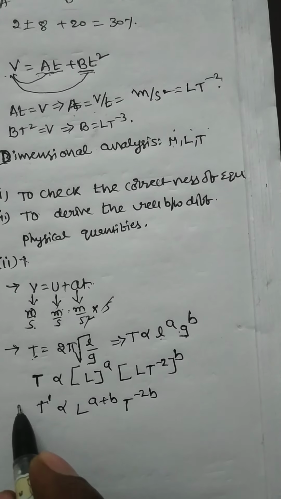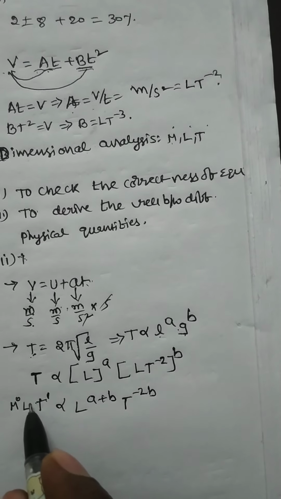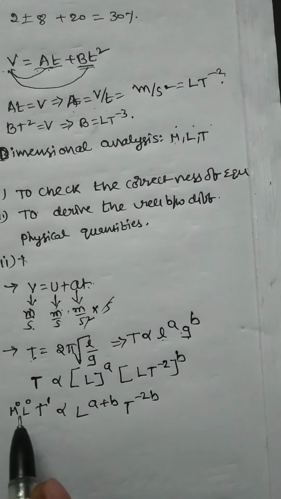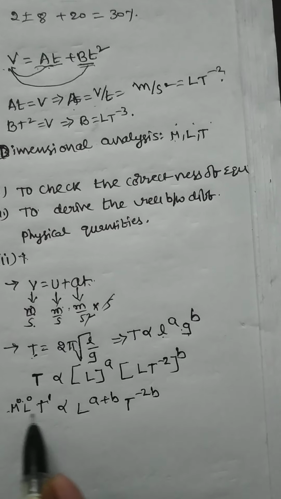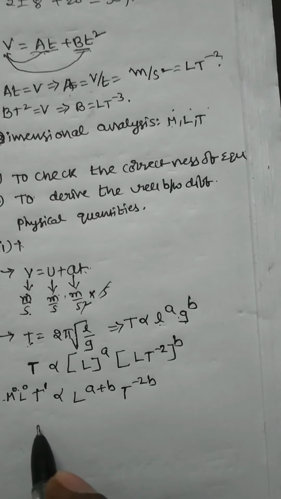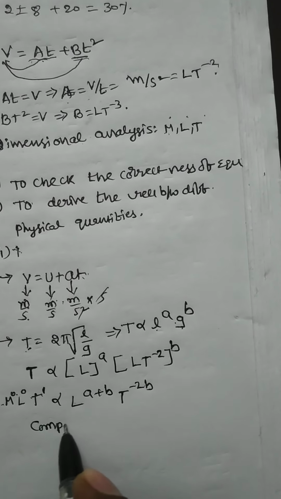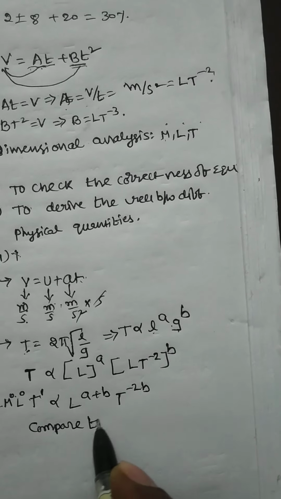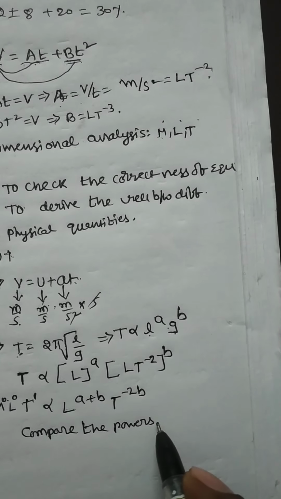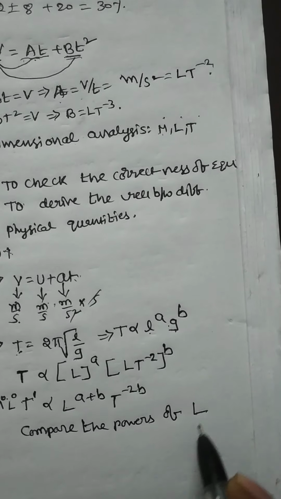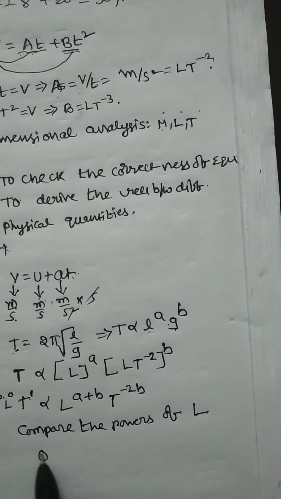Okay. So T is proportional to L power A plus B and T power minus 2B. Now mass 0, L 0. Now compare the powers of mass on both sides. There is no mass on left and right. Compare the powers of length on both sides. 0 equal to how much?